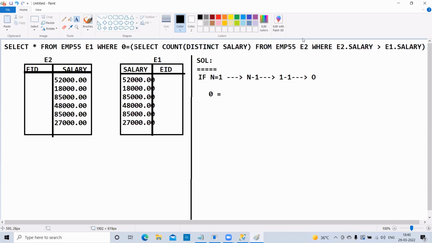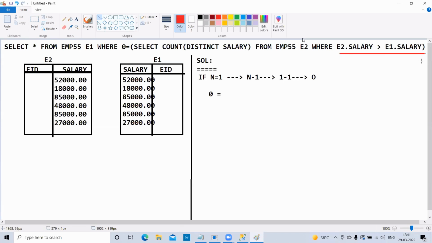And later the inner query: select count of distinct salary from EMP E2 where E2.salary is greater than E1.salary. So here this is my inner condition, carefully observe. In this condition I have written E2.salary is greater than E1.salary.